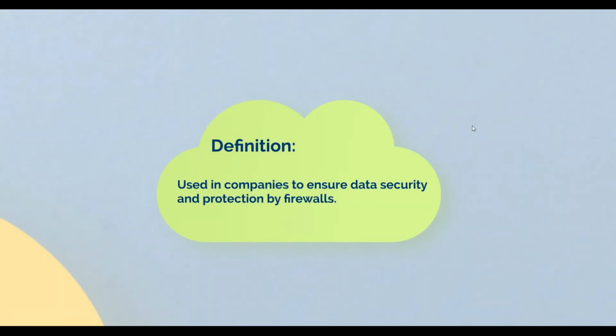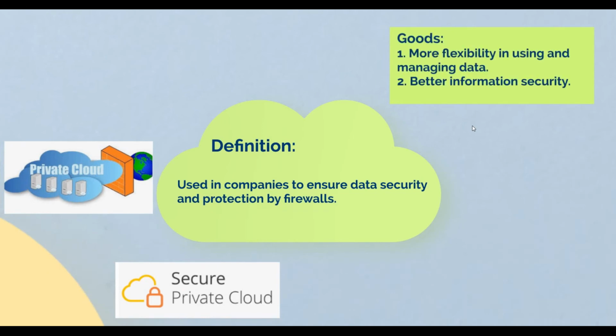Secondly, private cloud. Private cloud is often used in companies to ensure data security, protected by firewalls and directly managed. The good sides of private cloud are more flexibility in using and managing data and better information security.